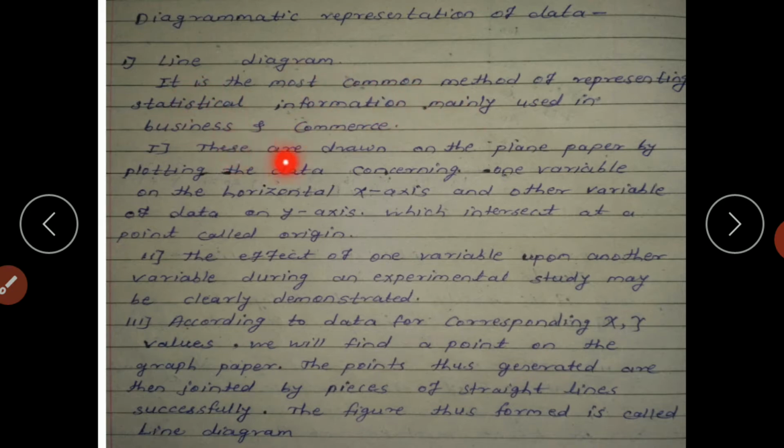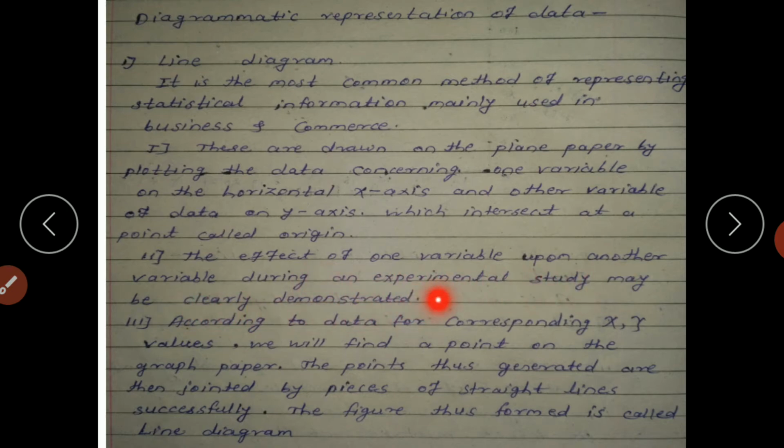These are drawn on plain paper by plotting the data concerning one variable on the horizontal x-axis and the other variable of the data on the y-axis, which intersect at a point called the origin. It is similar to graphic representations like histograms, frequency polygons and curves. The effect of one variable upon another variable during an experimental study may be clearly demonstrated.